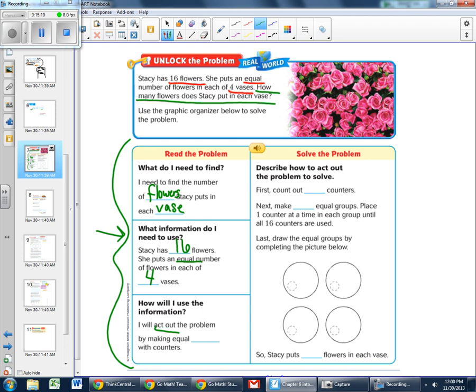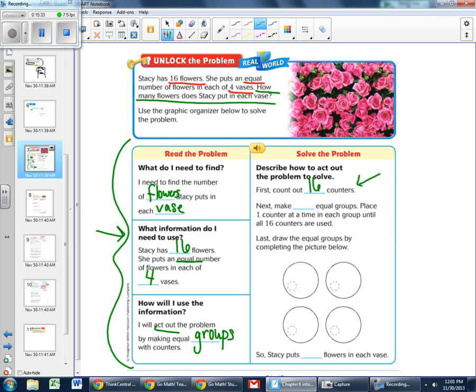And we are going to make equal groups with those counters. So go ahead, if you're going to use the counters, count out 16 counters in all. So we're up here, first count out 16 counters. If you're going to use the counters, go ahead and pause right here as you get those 16 out.